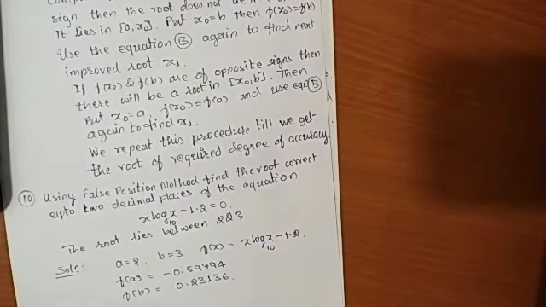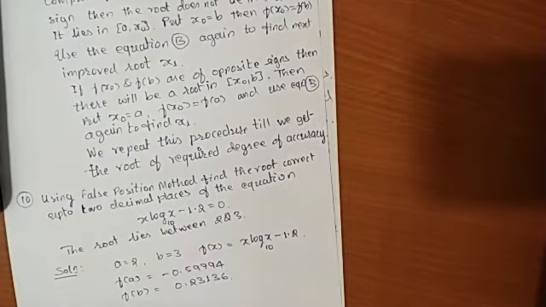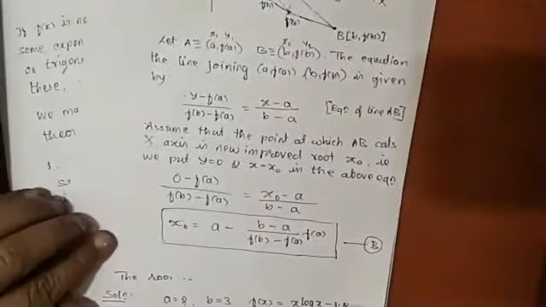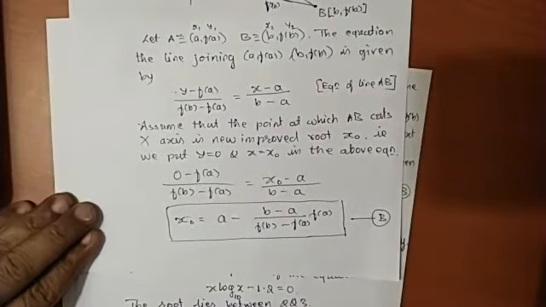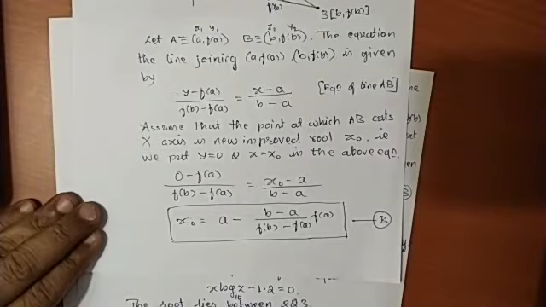Then what is my next root? x naught. x naught is what? I have to make use of this formula. x naught is a minus (b minus a) divided by (f of b minus f of a) times f of a.